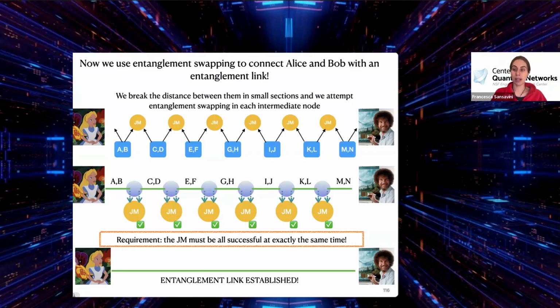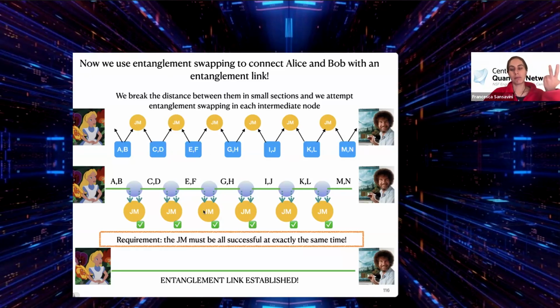So we have seen that when we have a joint measurement on B and C photons and we have two entangled pairs, this joint measurement will entangle the photons that had never interacted. So in this case, we will have A and D entangled, and then we can propagate the chain this way.